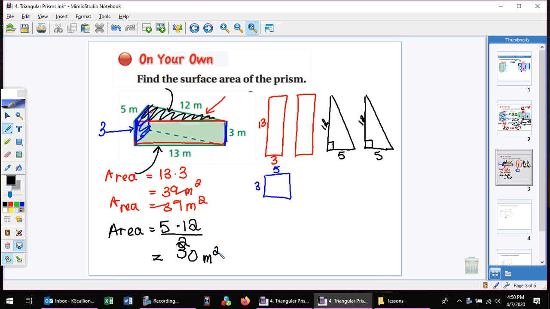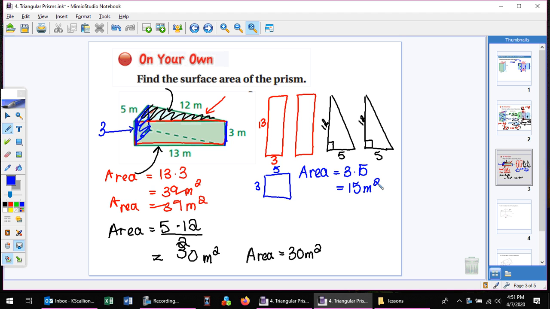But I have 2 of those, so I have another one that is 30 meters squared. Okay, and then my last one, which was in blue, this one here is an area of 3 by 5, which is 15 meters squared.